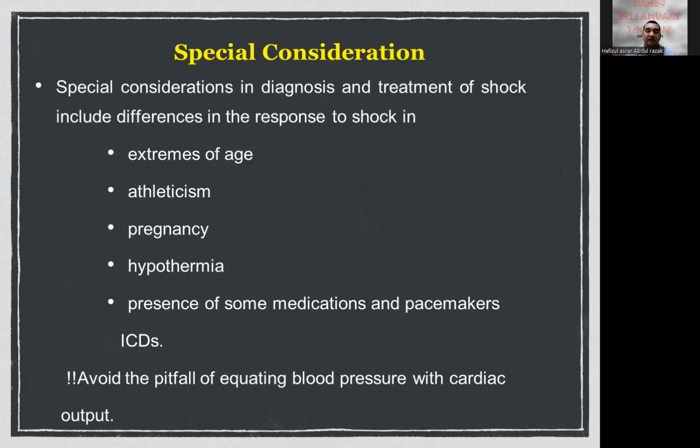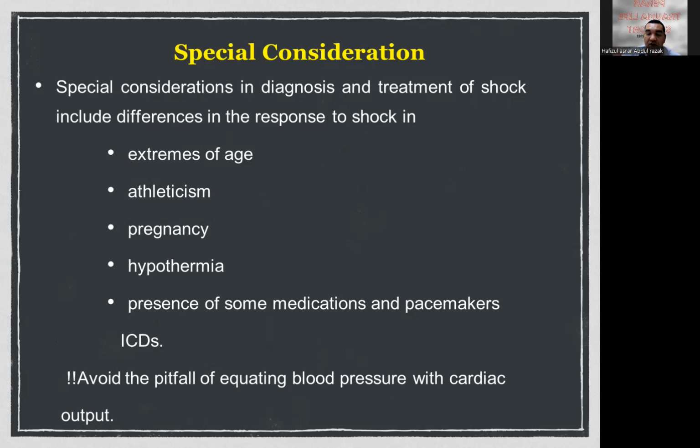it will affect shock as well in view of the coagulopathy, and the presence of some medication and pacemakers will affect the tachycardia, or the diagnosis and treatment of shock as well, especially beta blockers. Okay, and note down there, avoid the pitfall of equating blood pressure with cardiac output.